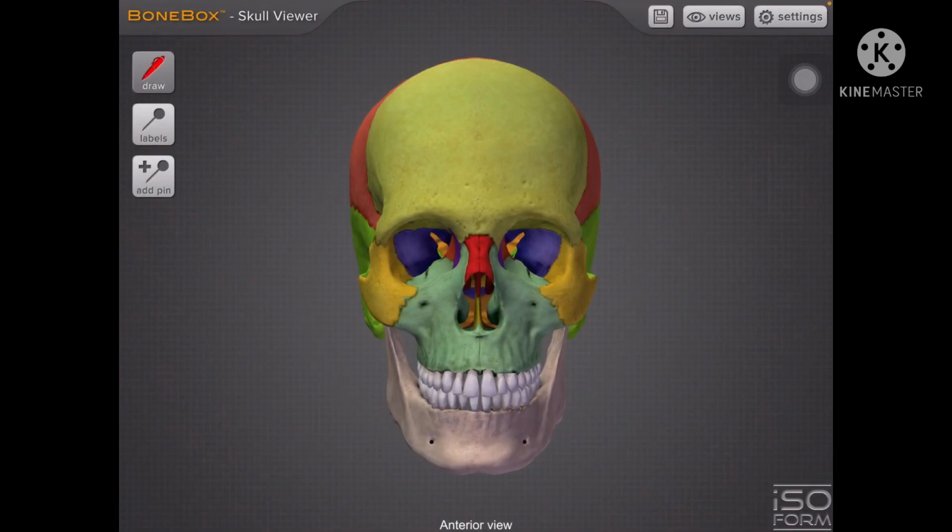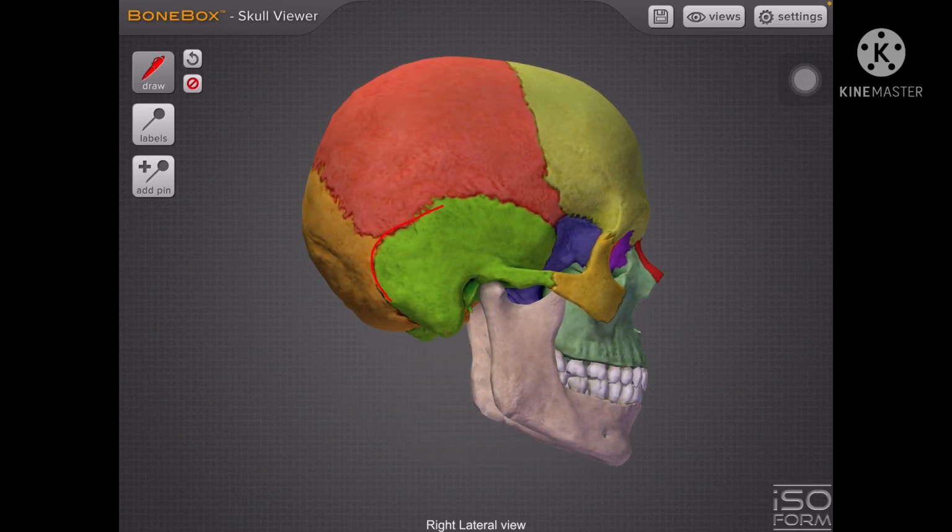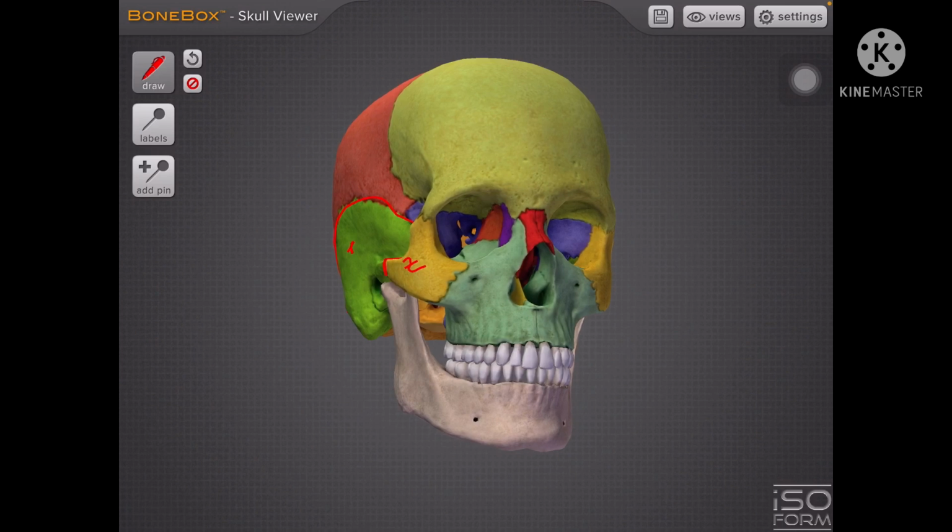Apart from the coronal suture, sagittal suture, and lambdoid suture, there are a few other sutures that you have to learn. This is the temporal bone, and here is your zygomatic bone. Between the two, there is a suture called the zygomatico-temporal suture. This is the frontal bone, and here is another suture called the zygomatico-frontal suture. This is the zygomatic bone, and here you have the maxilla.